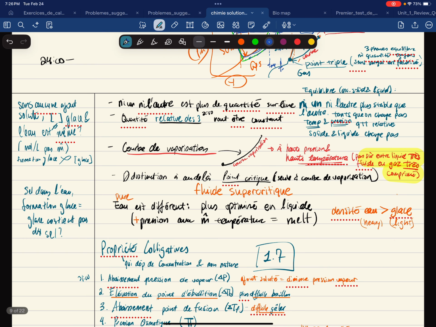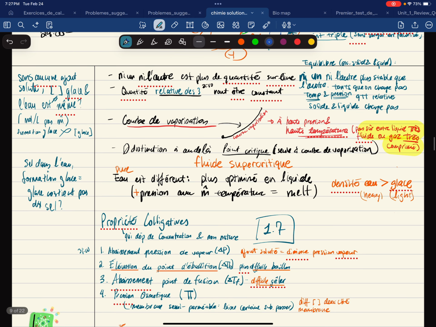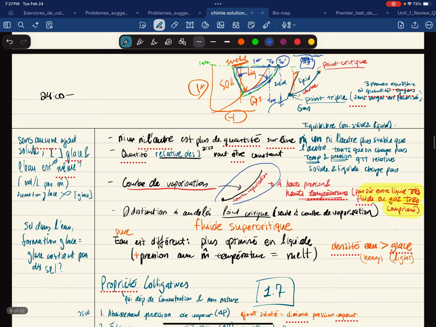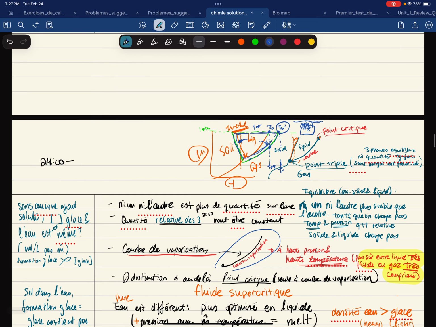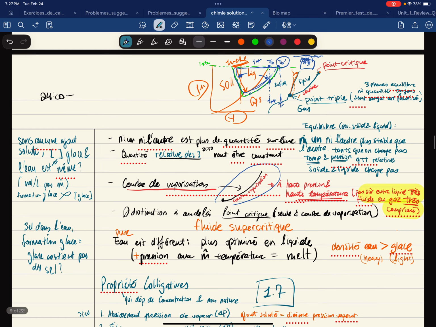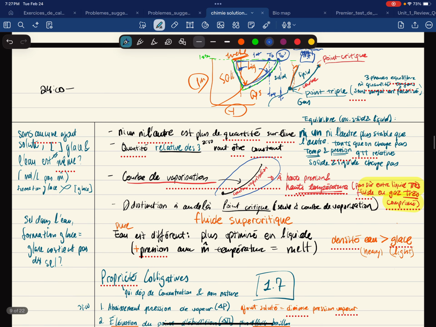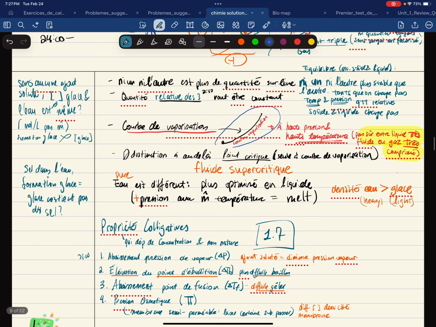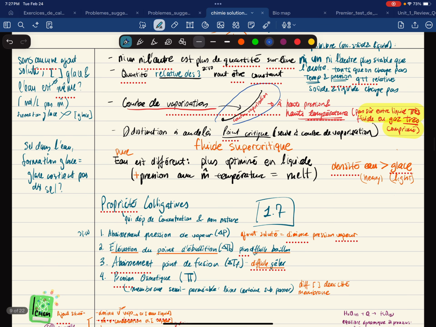So these are the colligative properties. That's the vaporization curve. Vaporization is where the hydrogen bonds are broken. I'll later ask why the vaporization is going to be... Okay, actually that makes sense.